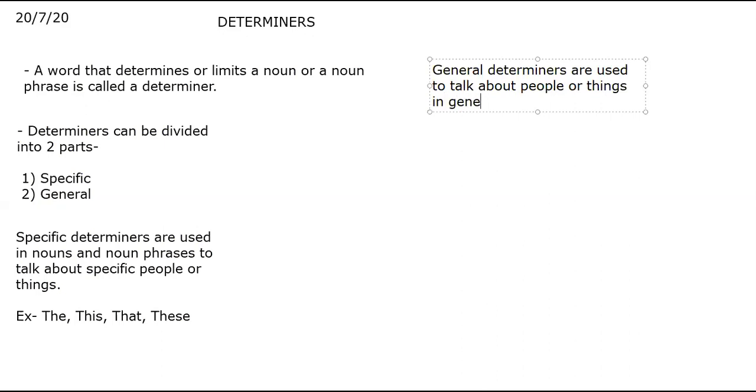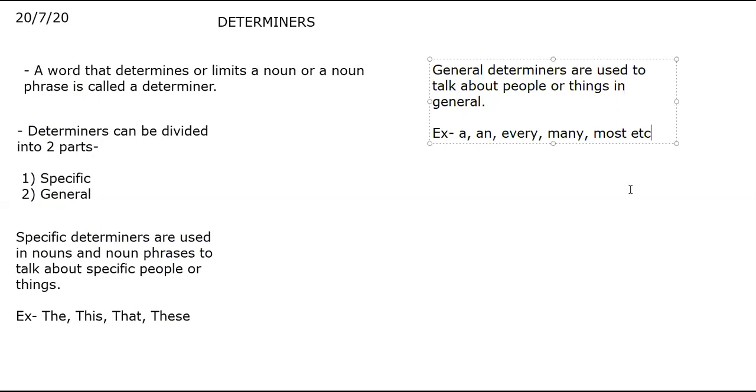And when I talk about people or things in general, it comes out to be general determiner. Example, a, an, every, many, most, etc.